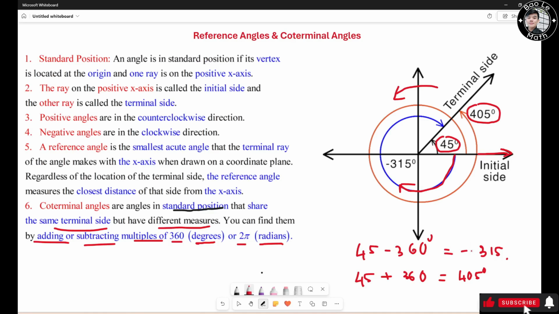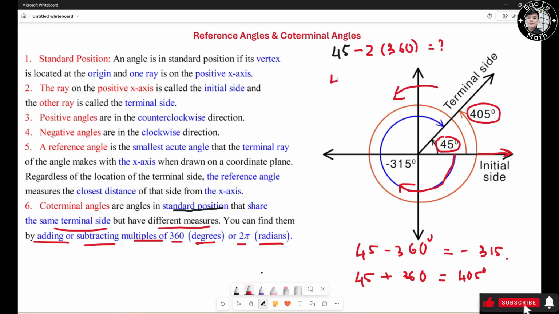Now, we have infinitely many coterminal angles. If you need to find other coterminal angles, you just take 45 and subtract 2 times 360 and you get the answer. This is a coterminal angle.